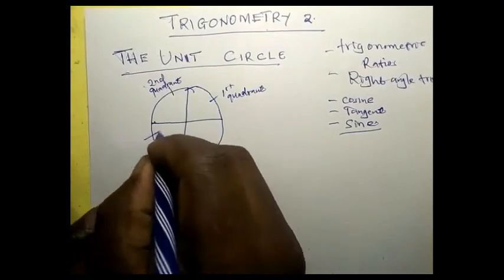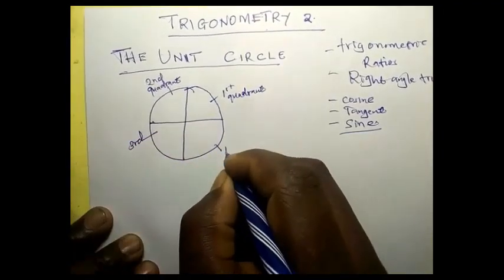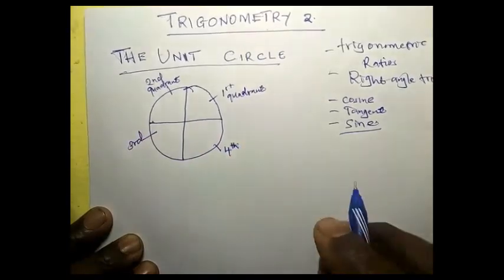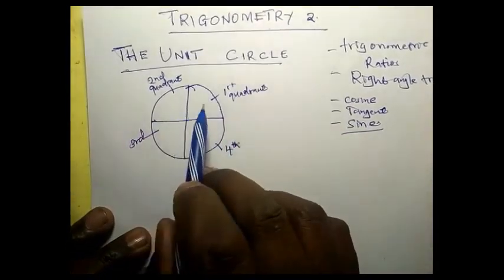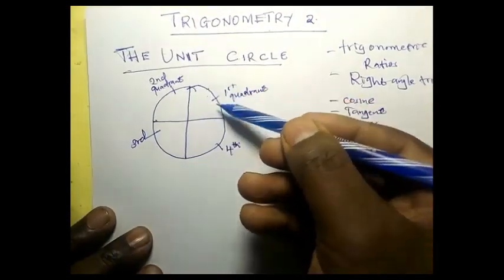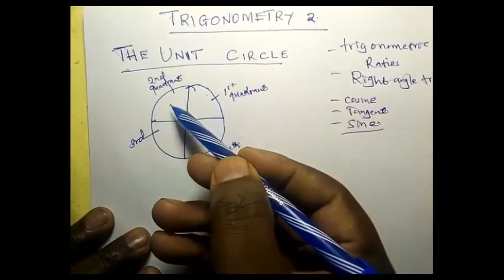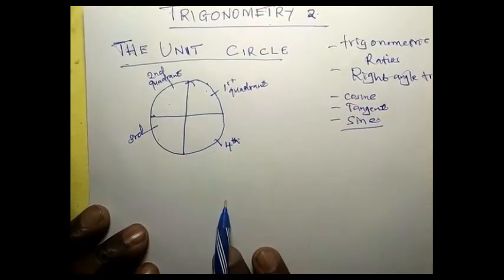This one is the third quadrant, and this one is the fourth quadrant. So the unit circle is divided into 4 equal parts, whereby the first part here is called the first quadrant, the second quadrant, the third, and the fourth. Right?